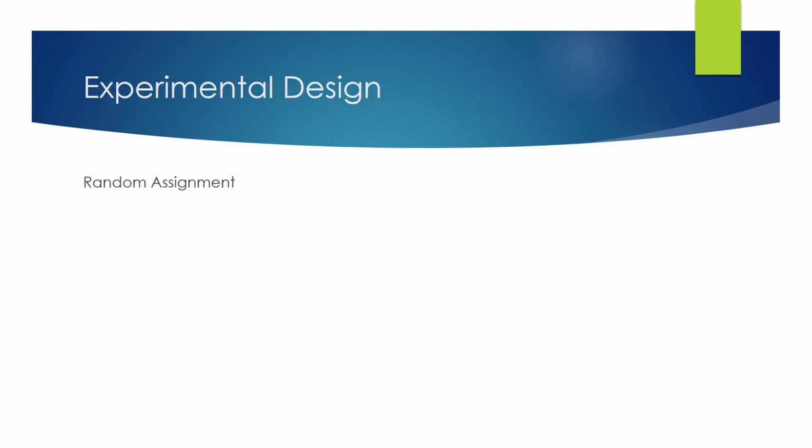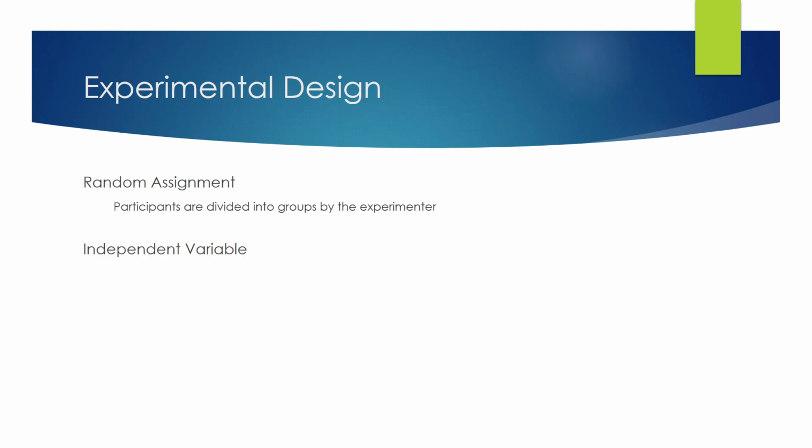Now, in that regard, you've heard a few terms that you may not be familiar with. One of the first ones is random assignment. With random assignment, it basically just means the participants are divided into groups by the experimenter. The researcher determines the groups. The researcher gets to decide if you're going to be in the experimental group, the group that receives the training, or if you're going to be in the control group who doesn't receive the training.